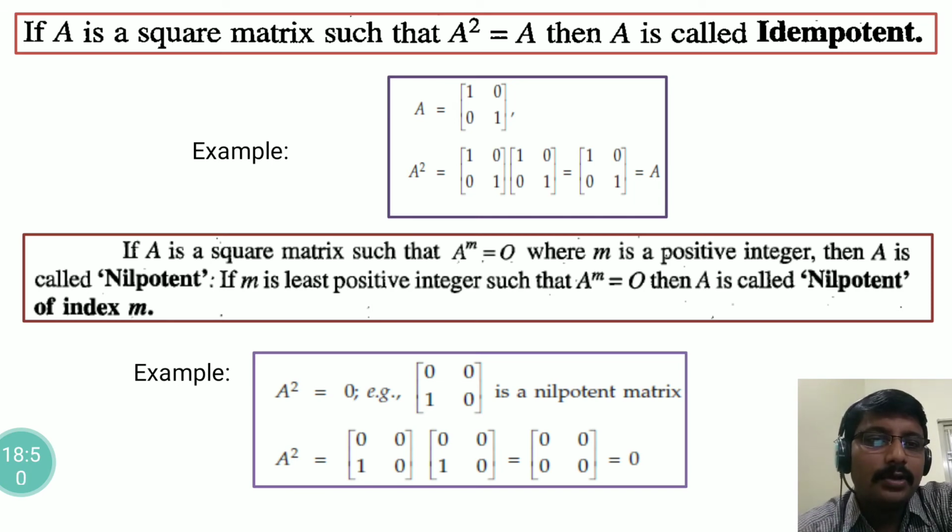If we compute A square, clearly we get the result as the O matrix, that is the null matrix or zero matrix. If we get the O matrix by taking a suitable m, where m is the least positive integer that exists, then A is called a nilpotent matrix of order or index m.